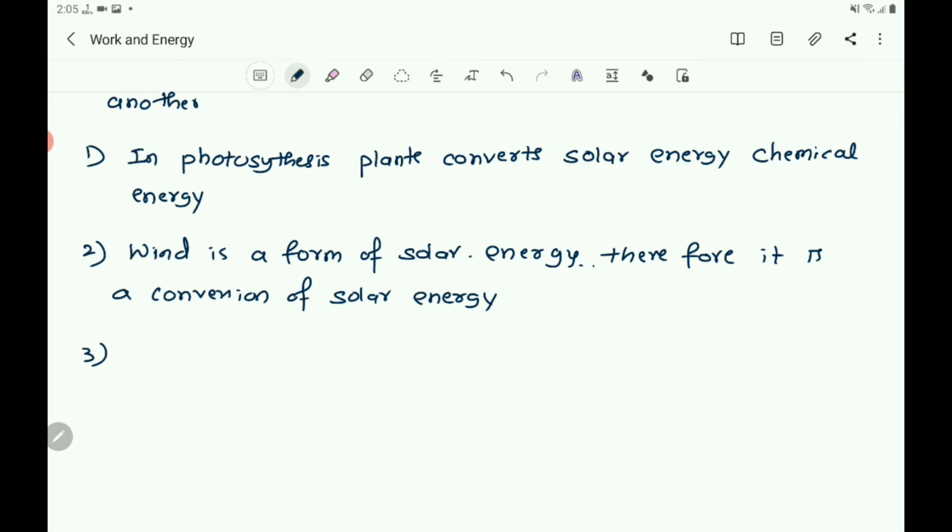And also you know that fuels such as coal, petroleum, etc. are also the conversion of solar energy. One more example you can give: fuels such as coal and petroleum are also forms of solar energy. And you know how coal and petroleum are formed? Coal and petroleum are formed as a result of degradation of ancient plant life which lived millions of years ago.